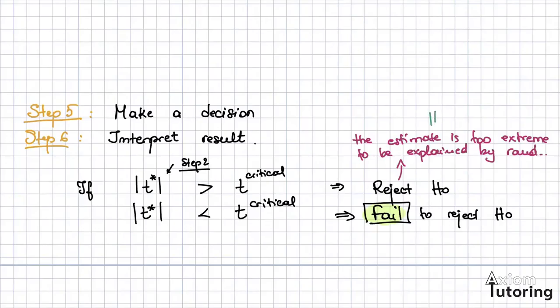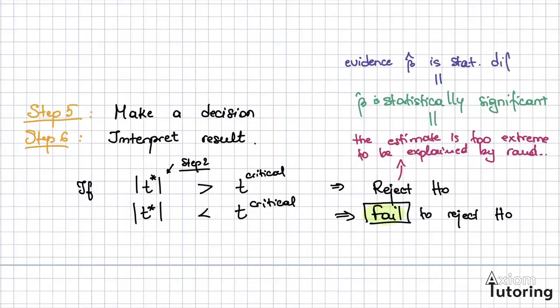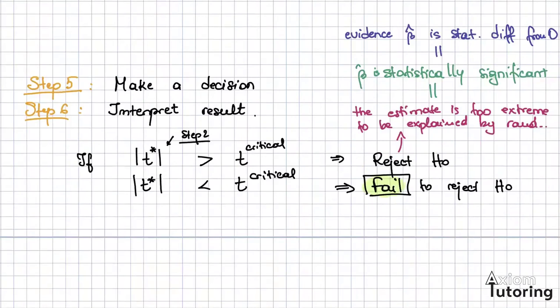Which is also equivalent to saying that your beta is statistically significant, which is also equivalent to you saying that there's evidence that your beta hat is statistically different from 0. Okay, so any of these ways of interpreting your result is acceptable.